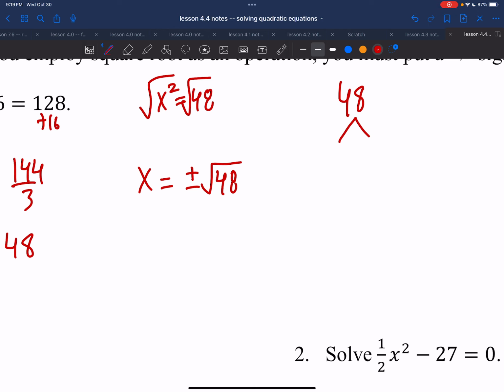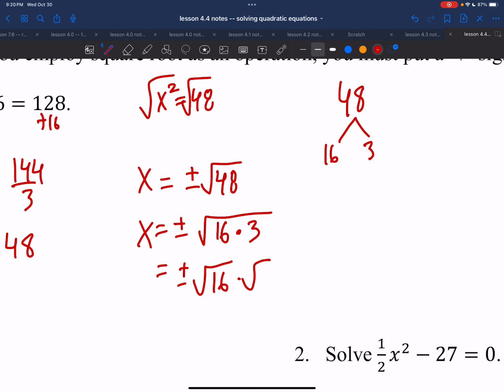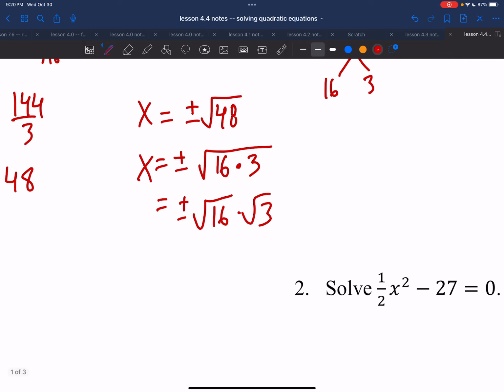Me, right away, I actually recognize that 48 is a multiple of 16 and 3. I've just done this a lot, so I know that 16 goes into 48 3 times. So what this means is you can separate 48 as 16 and 3. And so then this is the square root of 16 times the square root of 3. And then, hey, square root of 16 is 4. So that's 4 square root of 3. Okay? And you've got it like that.